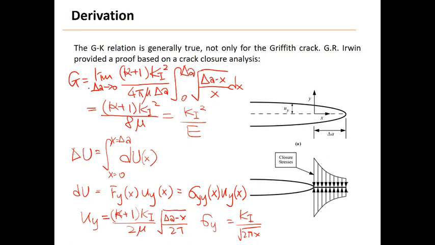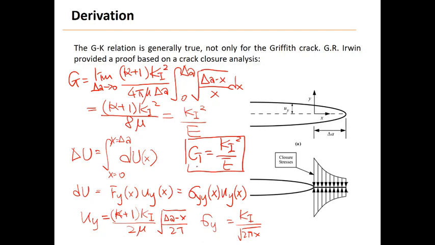So at the end of the day, you get the expression that we just obtained from looking at the G and the Ki for Griffith crack. Okay, so this is again a very simple relation, which is also quite remarkable because sometimes it's easier to calculate G, sometimes it's easier to calculate K, and so if you know one, then you know the other.